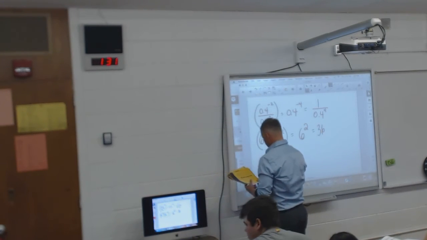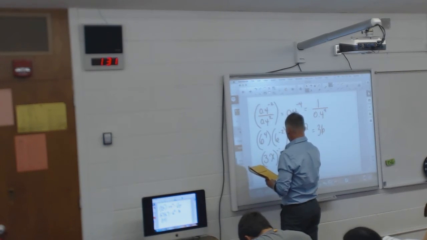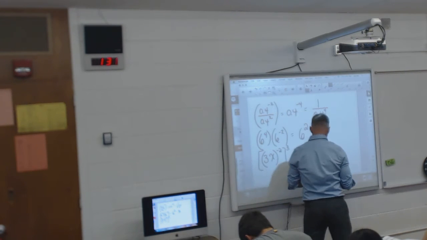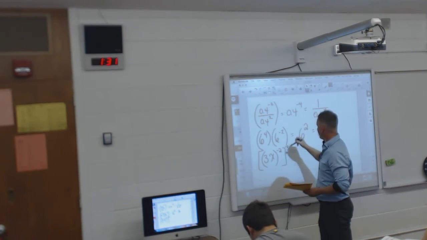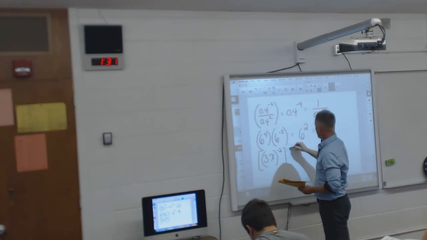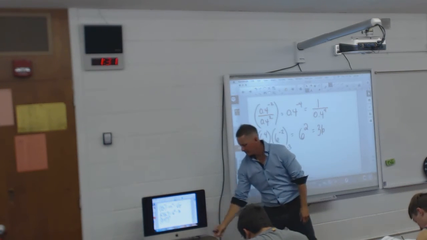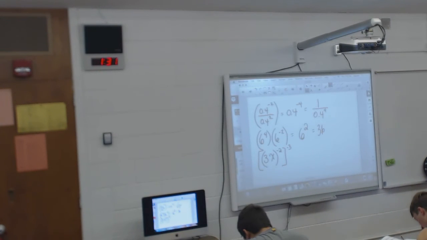The next one has a bunch of brackets. That's a -3 as well. Hold on a second here. So what do we see in here? Confusion.